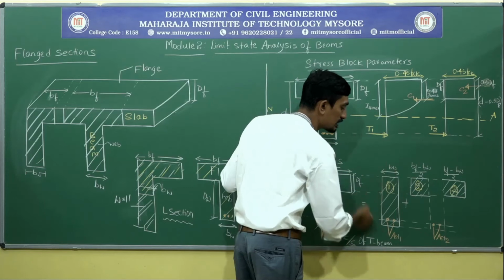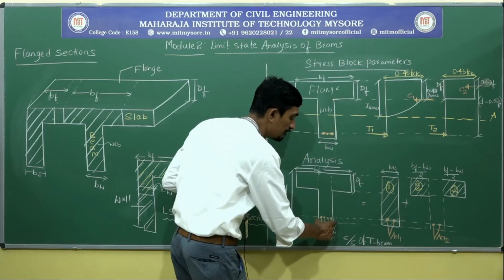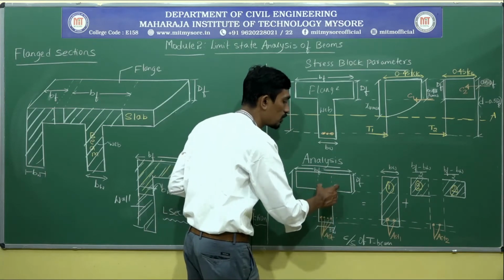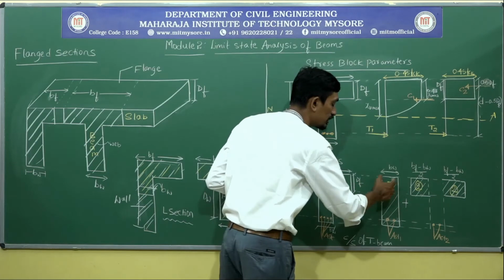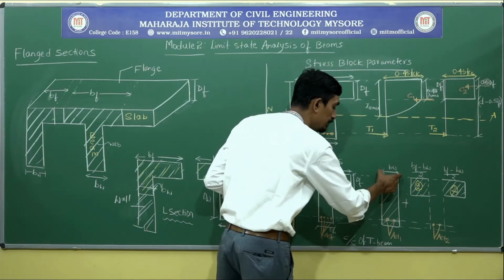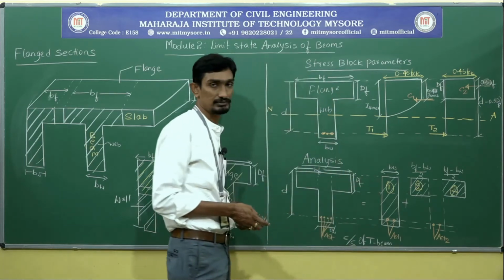Let me call this the first section. Listen here. The web portion I am going to extend till the flange portion. Take out this rectangular component. Let me call this section number 1 with a width BW with AST. This is the first section.